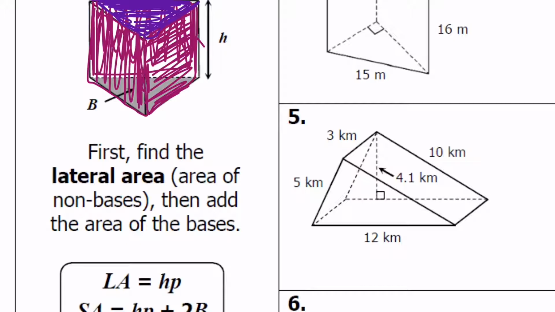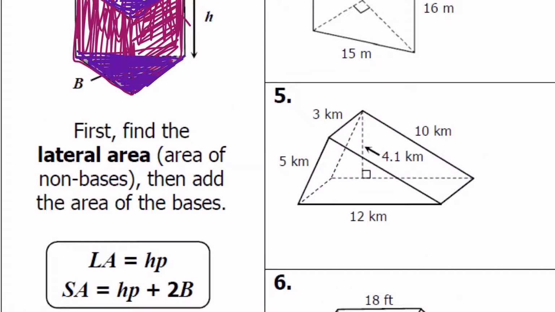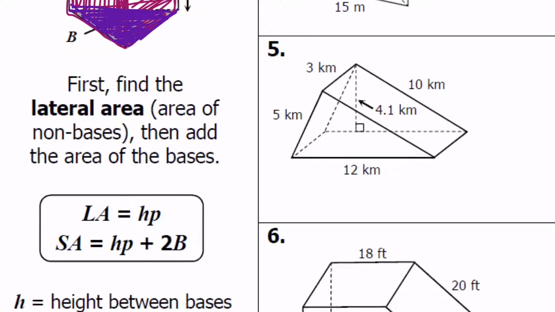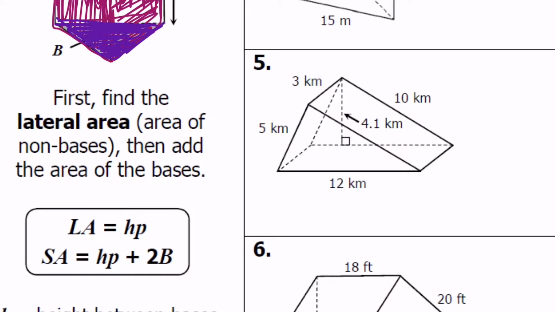So this is a triangular prism, which means the 2 bases are triangles. So that means I have to find the area of the pink and then add that to 2 times the area of one of the triangle bases.